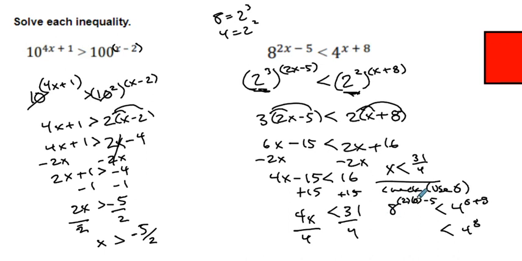And then 8, this cancels and you get 8 to the negative 5, which is 1 over 8 to the 5th, which is an astronomically small number, right? And then 4 to the 8th is really big. So yeah, that's definitely going to be bigger than taking 8 to the 5th and then taking a fraction of it. Okay, so hope this is kind of making some sense to you guys.